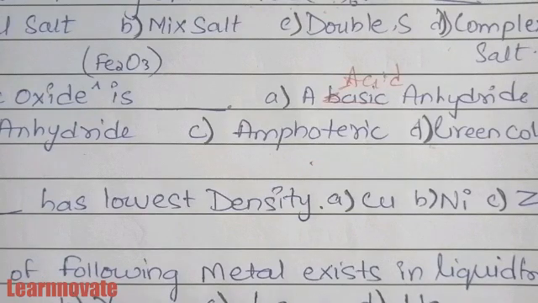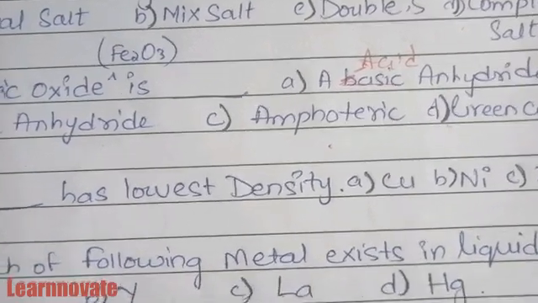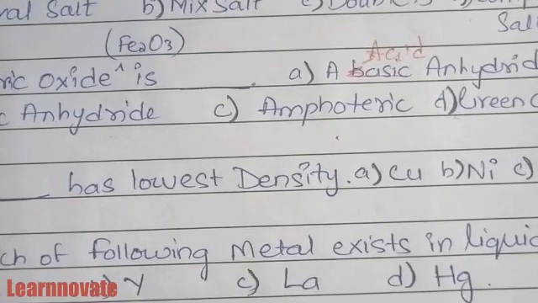These are all transition block metals: scandium, yttrium, lanthanum, and mercury. The answer is mercury, Hg, which is present in liquid form. So option D for question number 9 is correct.